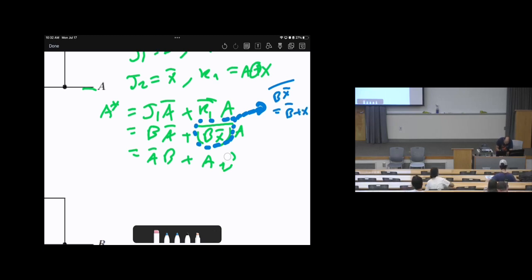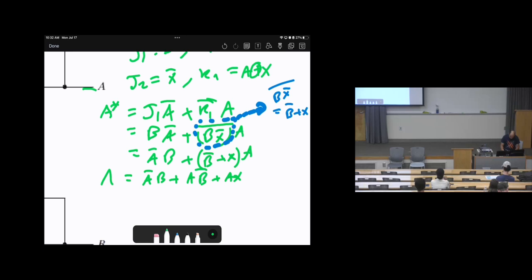So I'm going to rewrite it here, which is going to be B bar plus X times A. Okay? Do you agree? So, as a result, it will be A bar B plus A B bar plus AX. So this is the equation of A star, or sometimes we can call it A of t plus 1.